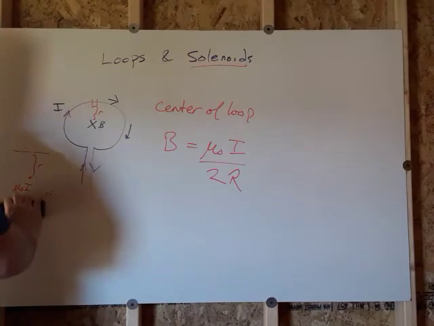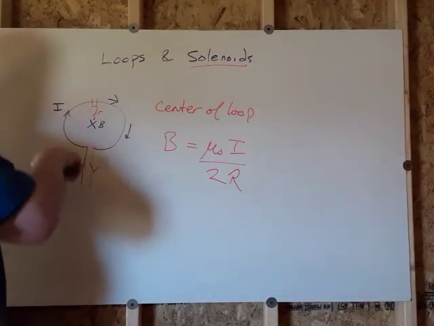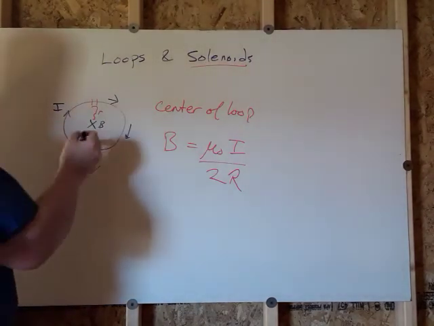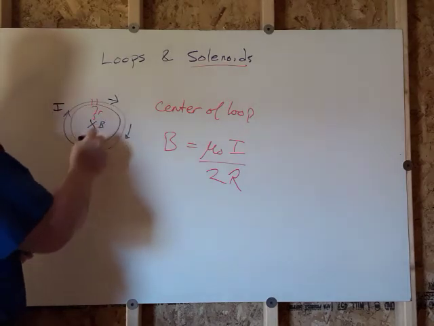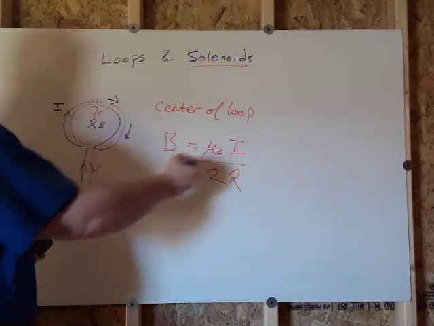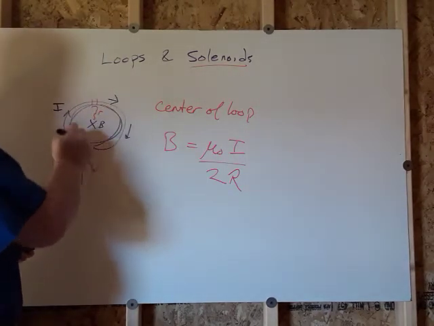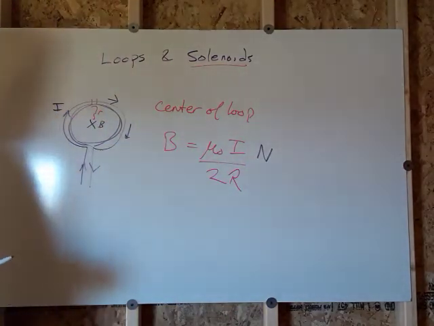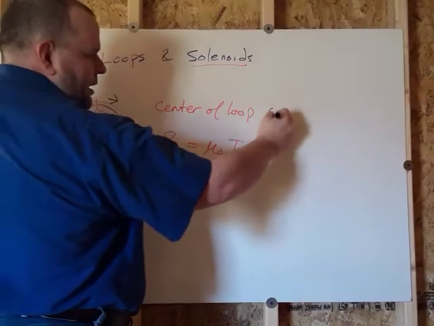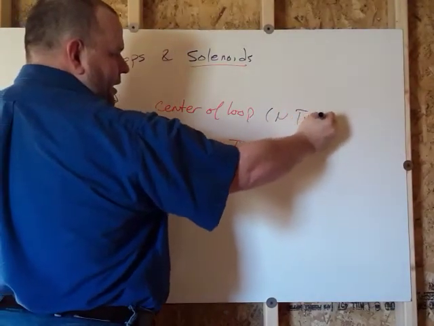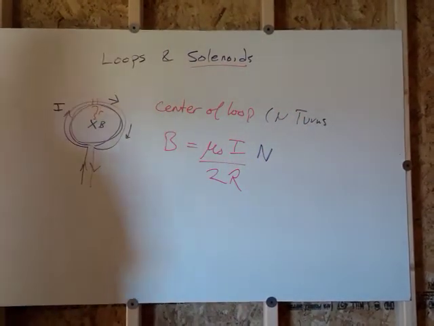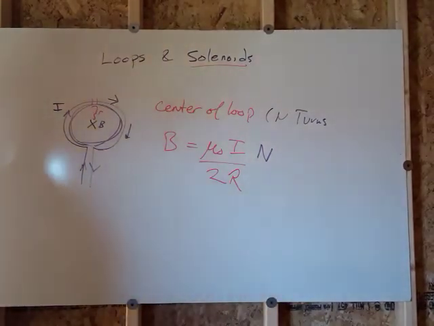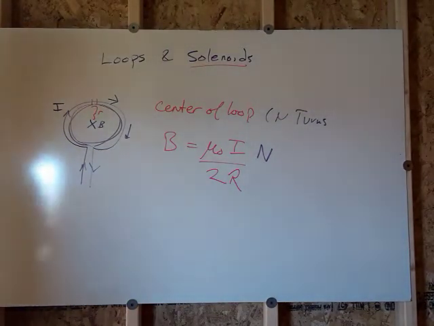And what we're going to do is say, well, what happens if I go twice around this loop? Well, then I'd put in a 2 here. And if I go a third time around, I'd put in a 3. So we can put in N turns. But eventually, you get something that doesn't look like a loop anymore.